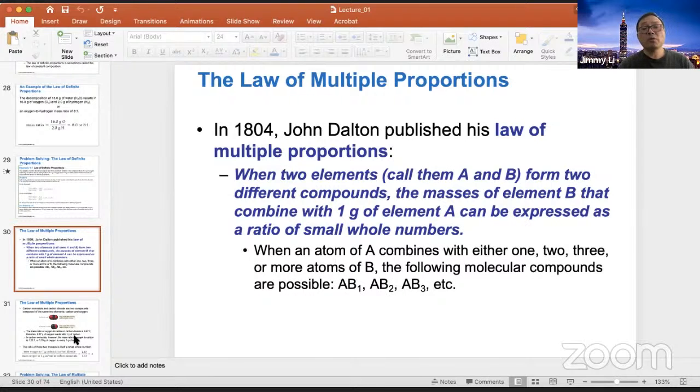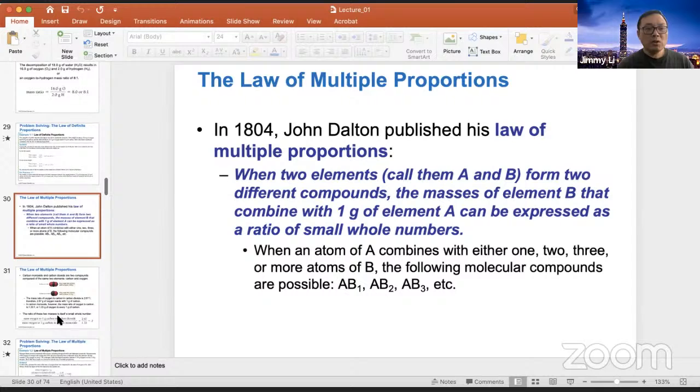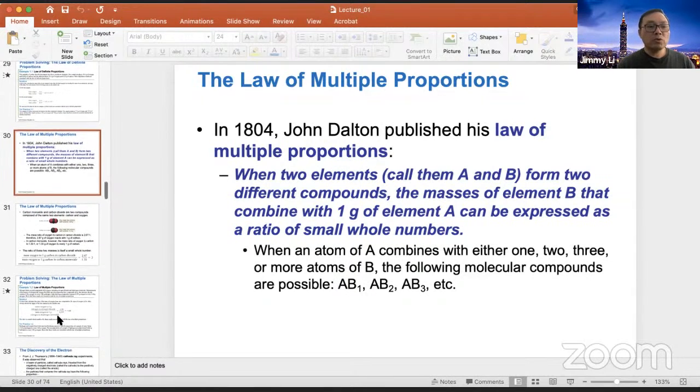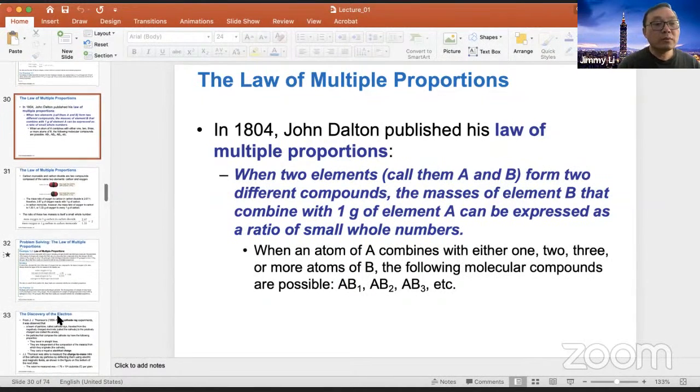Let me give you a concrete example. Let's say you have the element carbon and the element oxygen combined. You could form CO, carbon monoxide, pretty common. We can also form a compound called CO2, carbon dioxide. That's what multiple proportion is about.